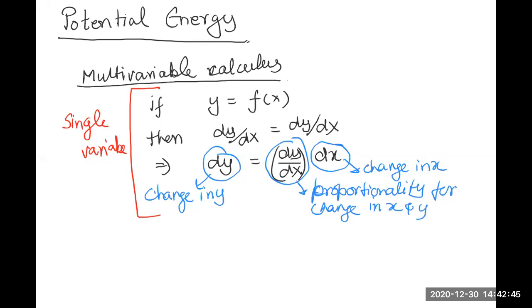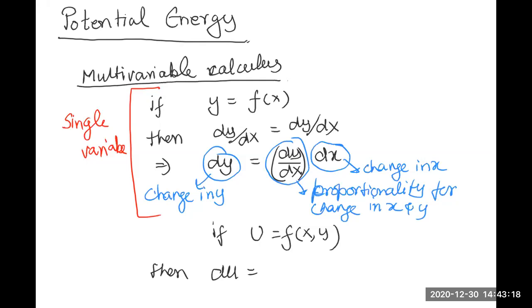And now what I'm about to write, you may or may not understand. Don't worry about it. You have to understand what is coming at the end. So if u is equal to some function of x and y, then du, the change in u, is equal to, okay?